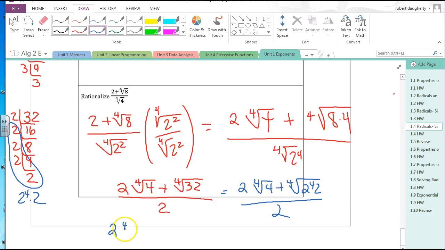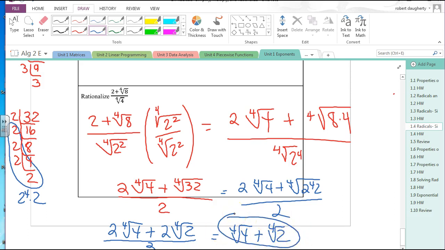So 2 times the 4th root of 4 plus 2 times the 4th root of 2. All of that divided by 2, right? Yeah. So 2 over 2 is what? 1. This final answer is 4th root of 4 plus 4th root of 2.